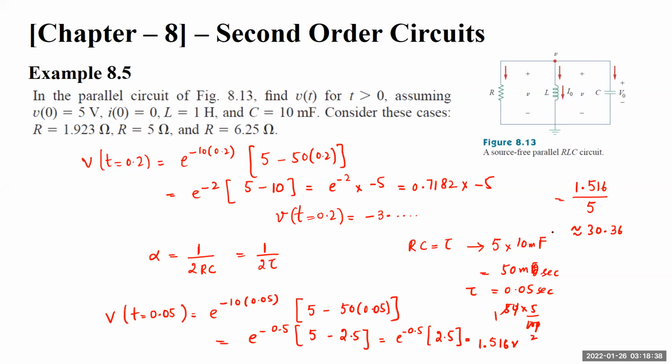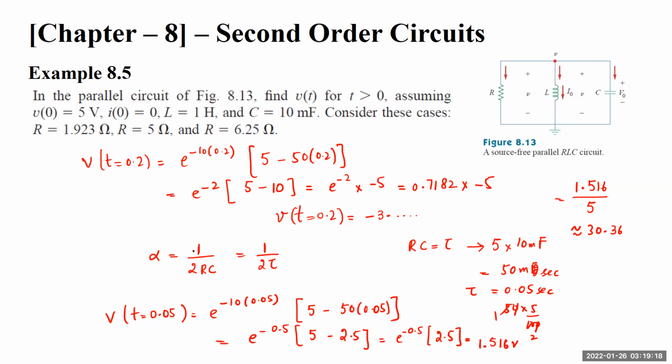After this time, of the actual voltage that was there, only 30% of the voltage is remaining. That can be related to the charging or discharging of first order circuits, where we charge up to 63% of the value, and the remaining value is around 27 or 30%. So this is something in a similar ballpark which can be compared.